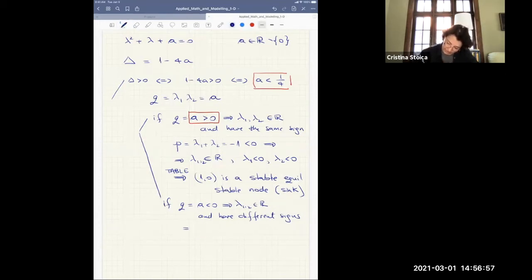So one is positive and one is negative. Again, we look at the table and deduce that (1, 0) is unstable and it's a saddle.